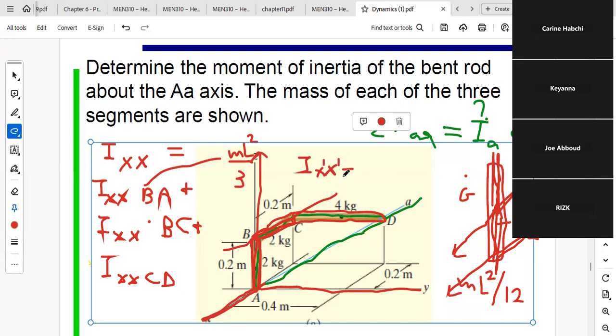But what I want to evaluate is about the axis xx. So I use the parallel axis formula.